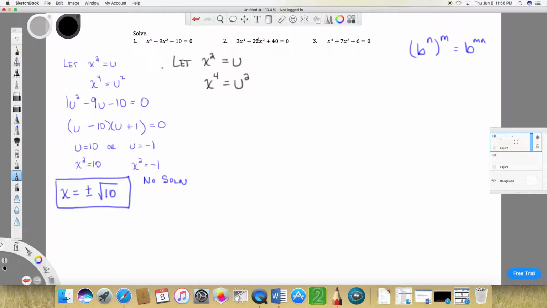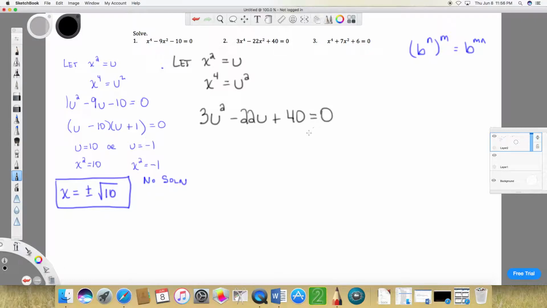So this equation that is not quadratic, through this change of variable, provides a new equation that has the same solution set that is quadratic. So instead of 3 times x to the fourth, we have 3 times u squared, minus 22 times x squared, which is really now minus 22 times u.